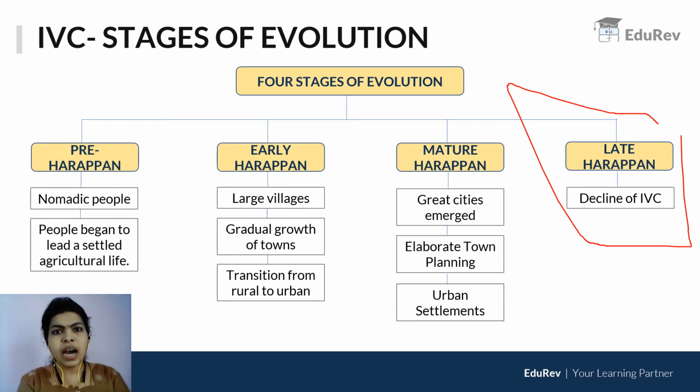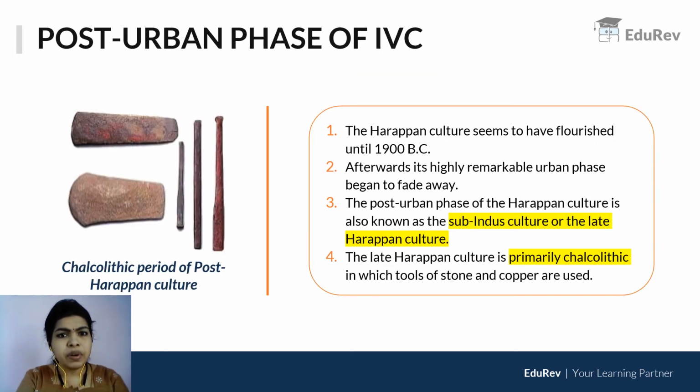And some of the earliest discovered sites fall under the pre-Harappan. So try to remember that only the mature Harappan sites are very important from the examination point of view. You could give a quick glance at the pre-Harappan and the early Harappan, and at what happened in the post-urban phase, which is your late Harappan phase.